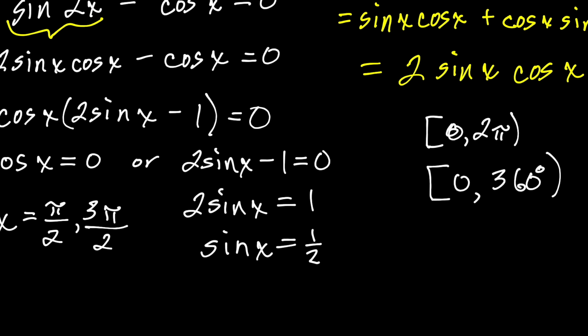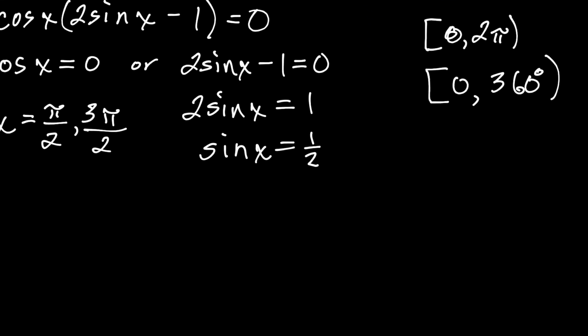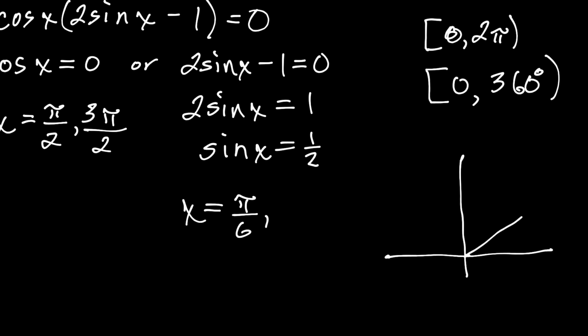Well, that would be 30 degrees, or pi over 6. And think of where the sine is positive. Sine would be positive here at 30 degrees, which is also pi over 6. I'll put them both in there.